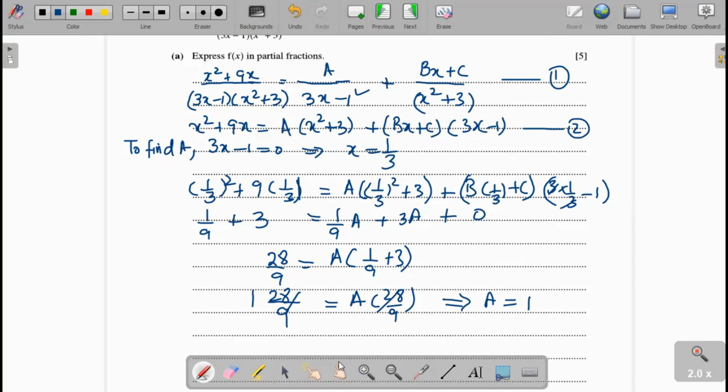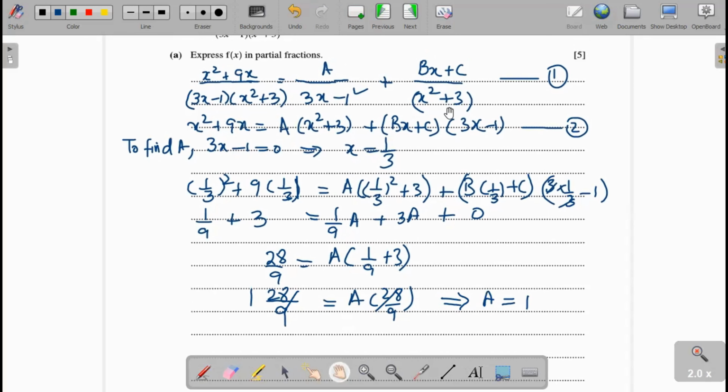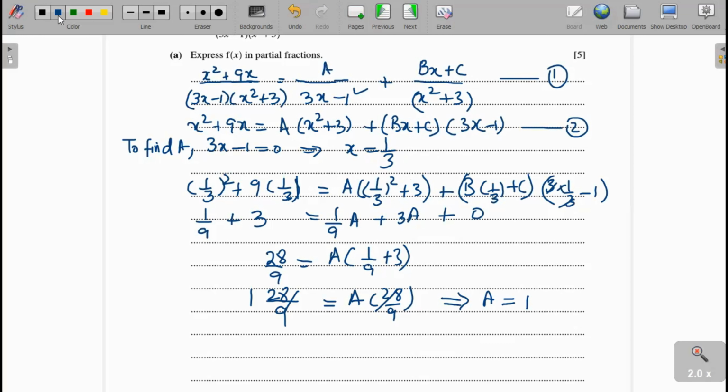Okay. Now to find the values of b and c, we use this identity and compare the coefficients. The identity is x squared plus 9x equal to ax squared plus 3 times a, plus we multiply this 3bx squared to get minus bx.